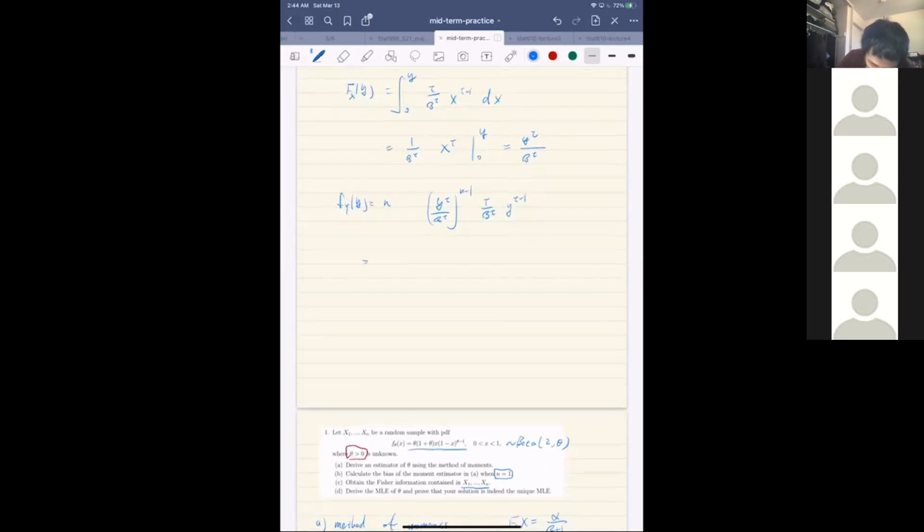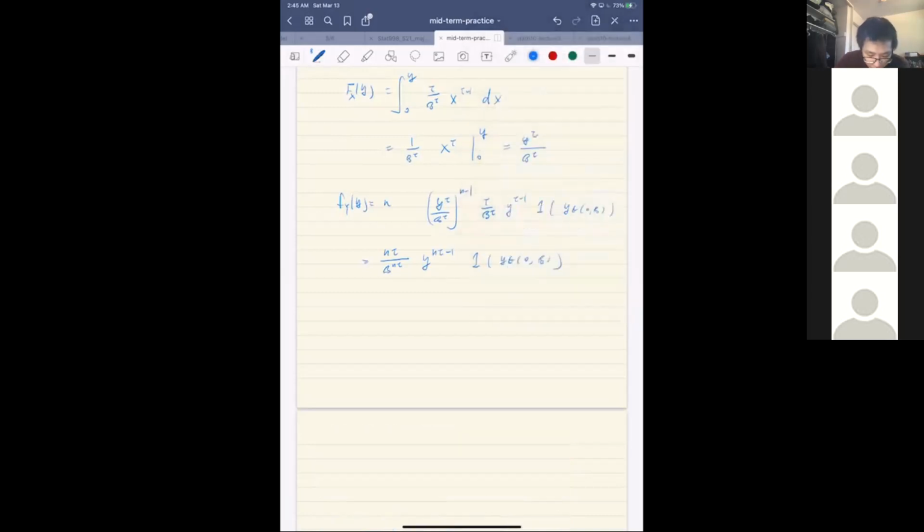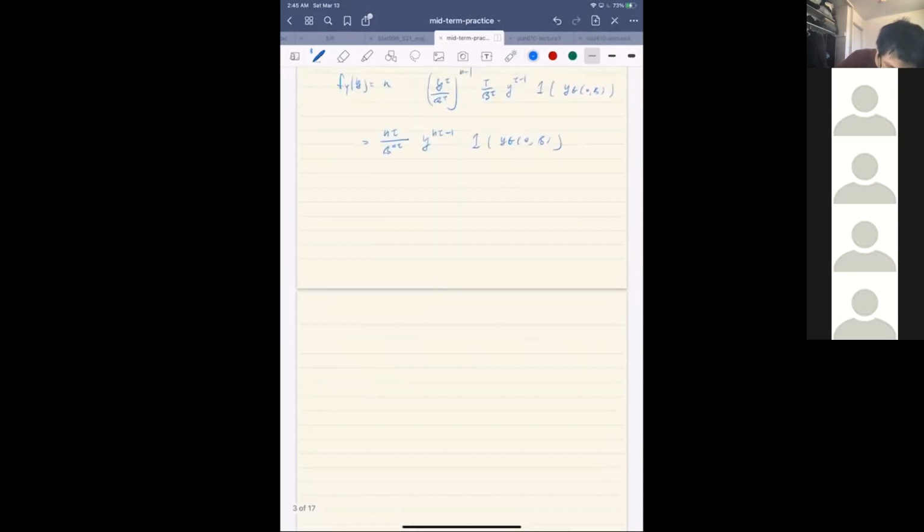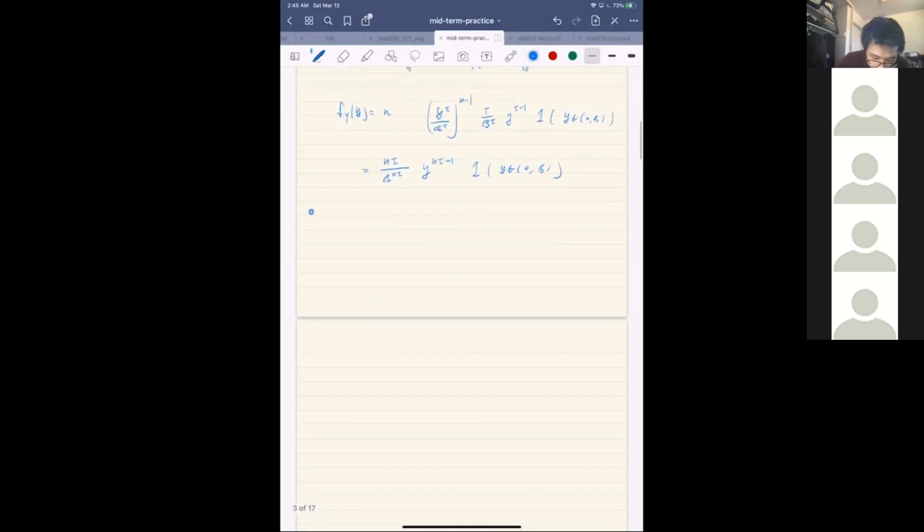So we will have n tau beta n tau y to the n tau minus 1, and then the indicator function. Okay, so we have the density, and that's what we need to check the completeness.